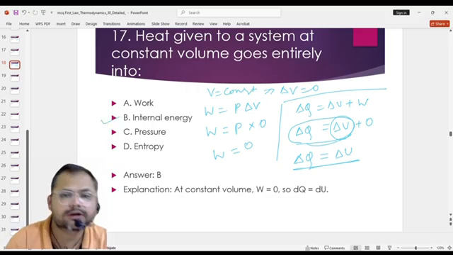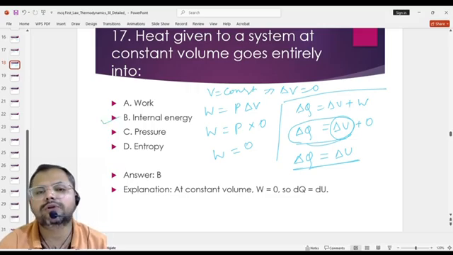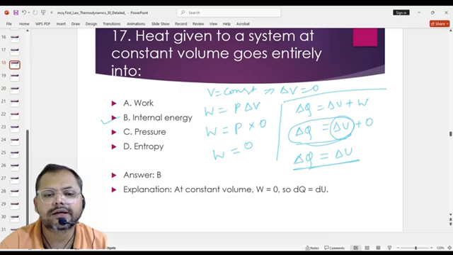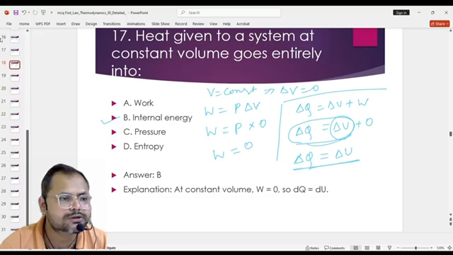So option B is the correct answer. Whatever heat is supplied is used to change the internal energy because work done is zero due to the constant volume. Okay, so next question.